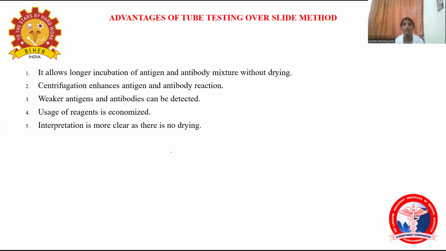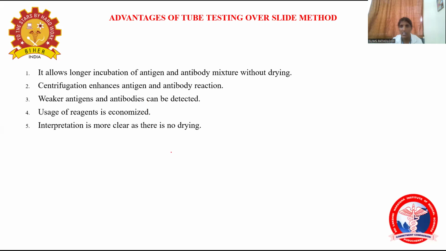Second is the centrifugation. You can put the test tubes inside the centrifuge machine and it allows faster mixing. This mixing or centrifugation process basically enhances the antigen and antibody reaction, which allows agglutination faster.